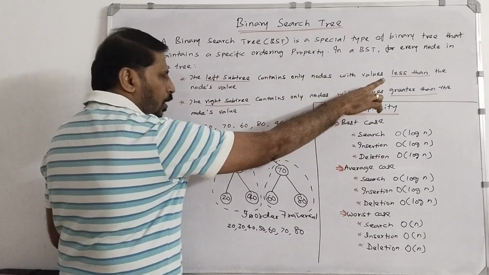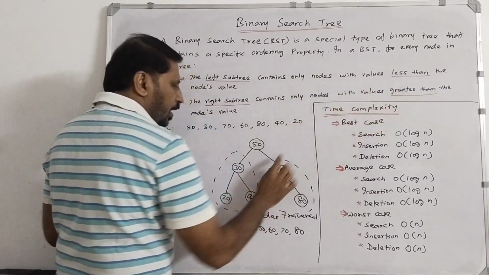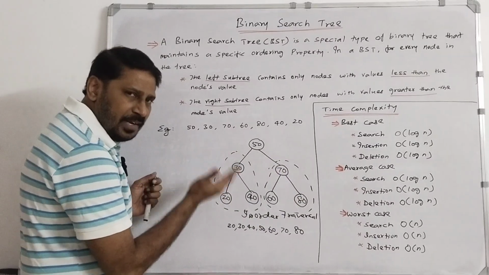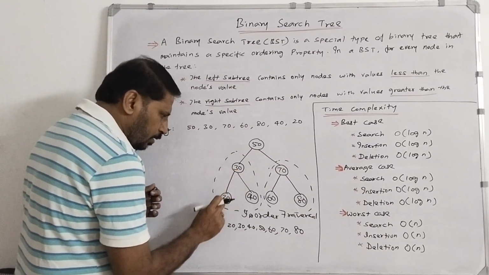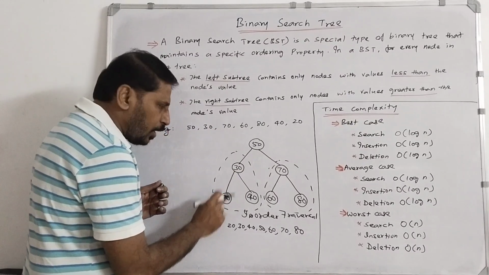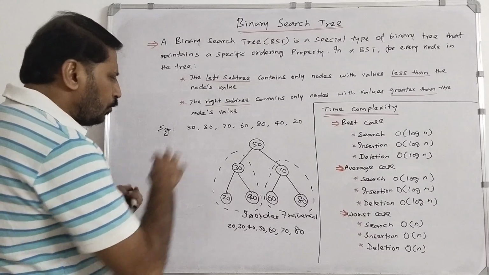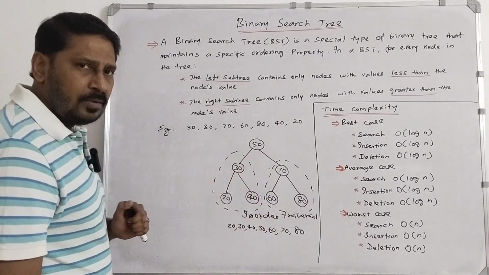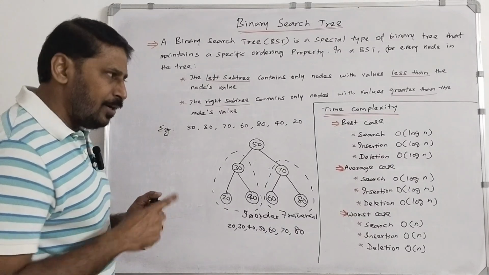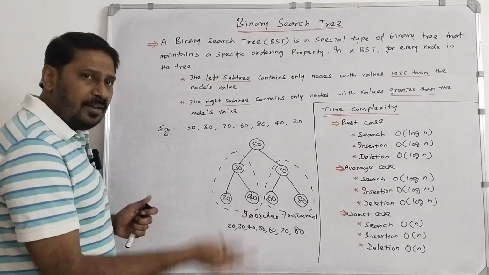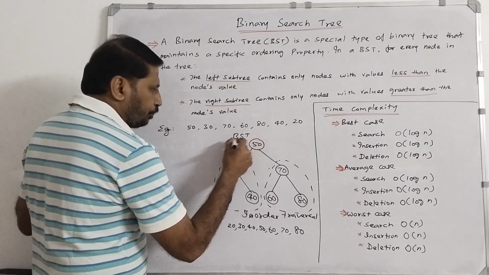Left subtree, all numbers are less than that node. Right subtree, all numbers are greater than that node. So it maintains this at each and every level. Suppose I am taking this value 30: left-hand side smaller value, right-hand side greater value. Through this way only we are constructing the binary search tree. Keep in mind that binary tree is different, binary search tree is different. So this is what we call BST.